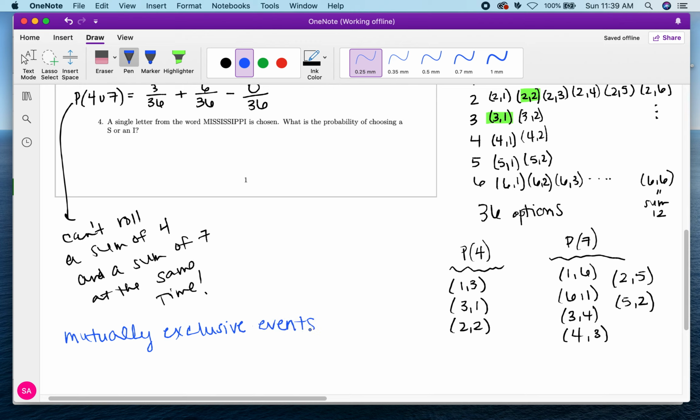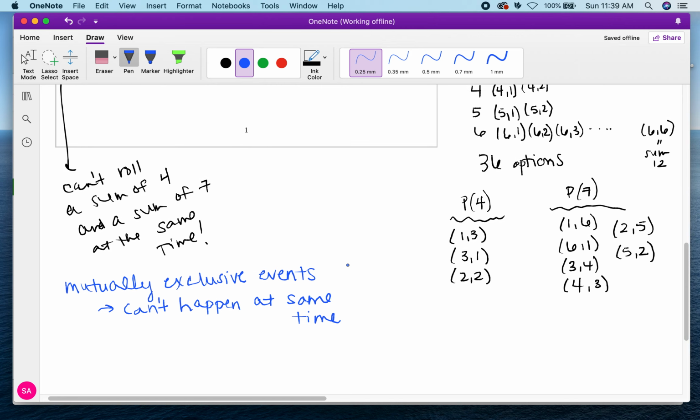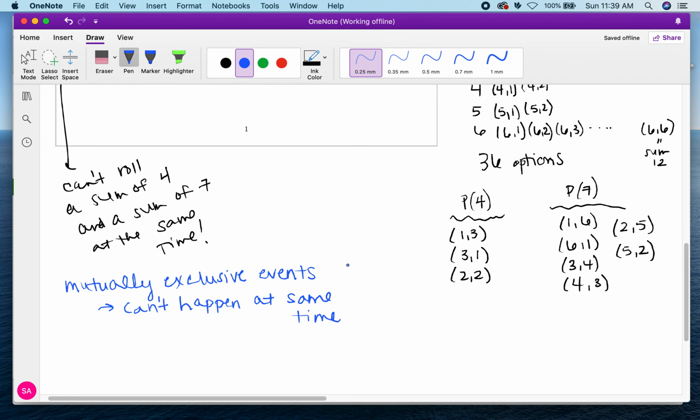Mutually exclusive events are events that can't happen at the same time. Which basically means that there will never be an intersection between those 2 events. They can't happen at the same time, so the probability of those events happening at the same time is 0.